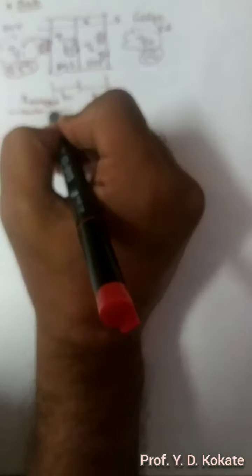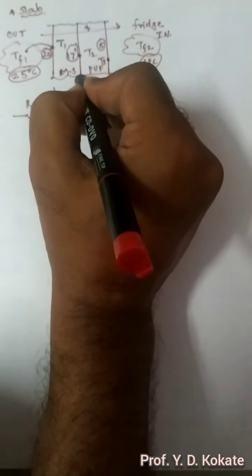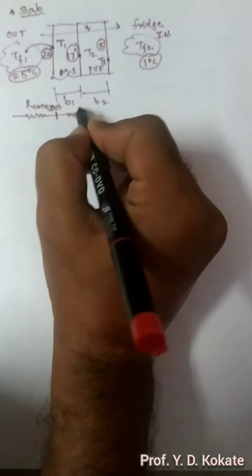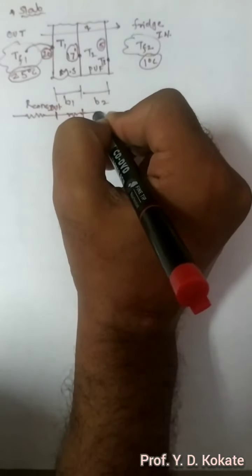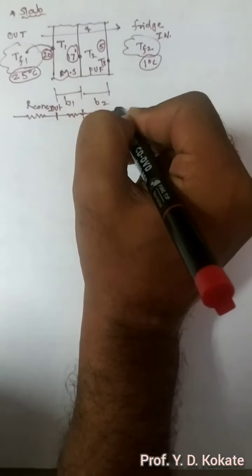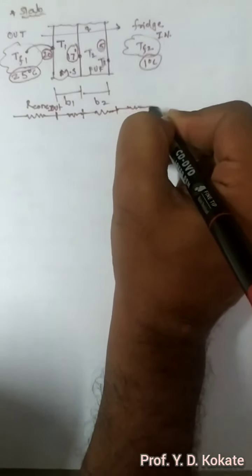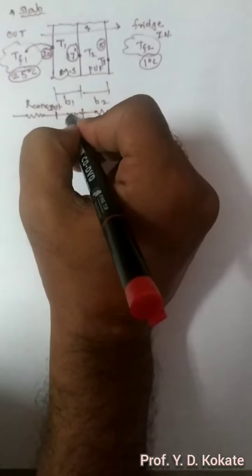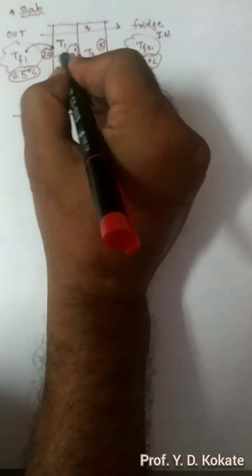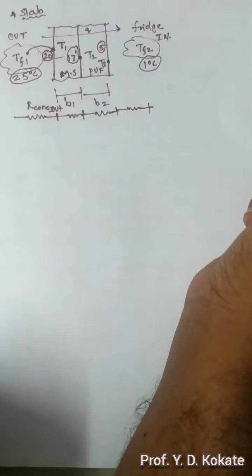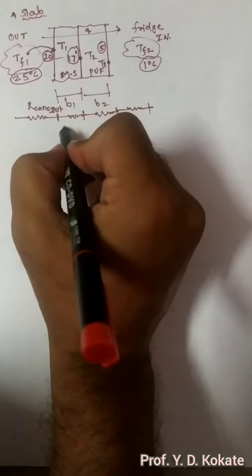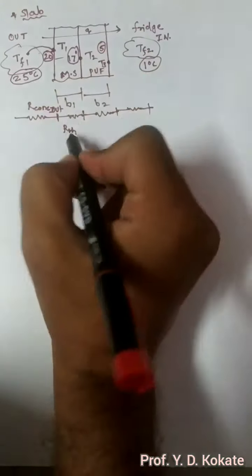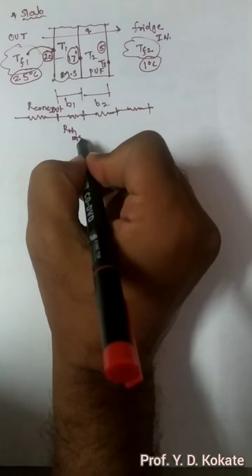Then the next resistance is due to the sheet metal, so I write it like this. This is the resistance due to this slab. This resistance I call RTH due to the metal sheet.